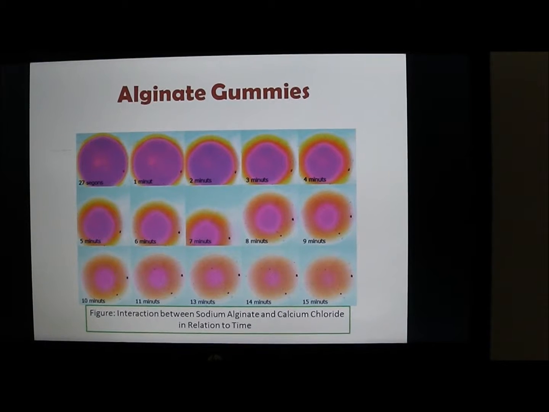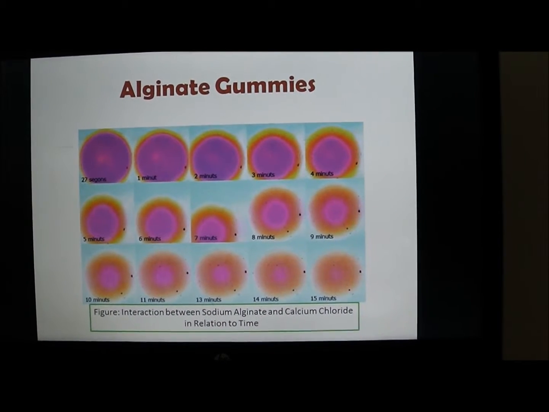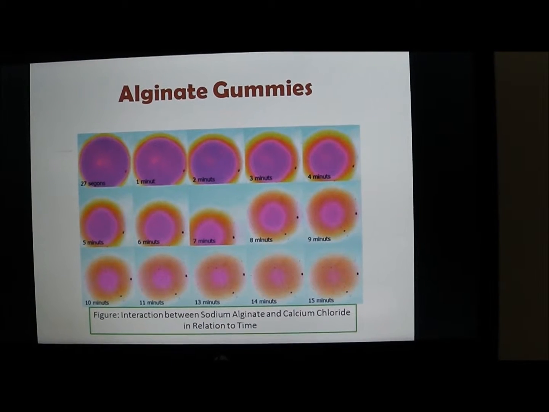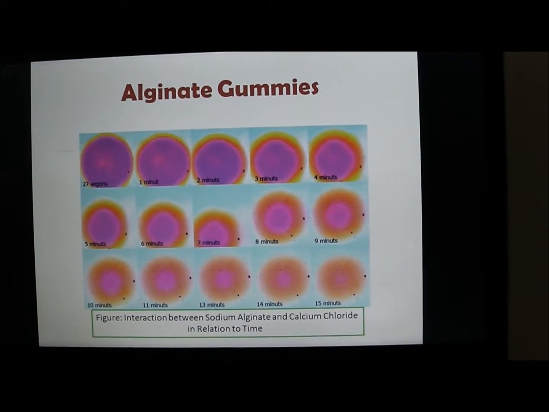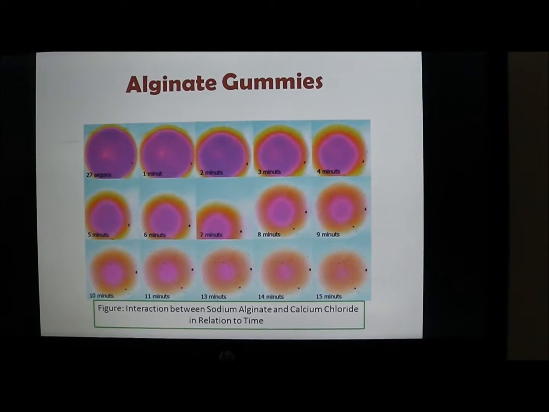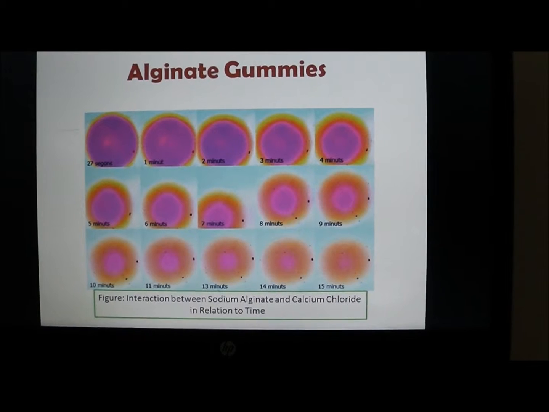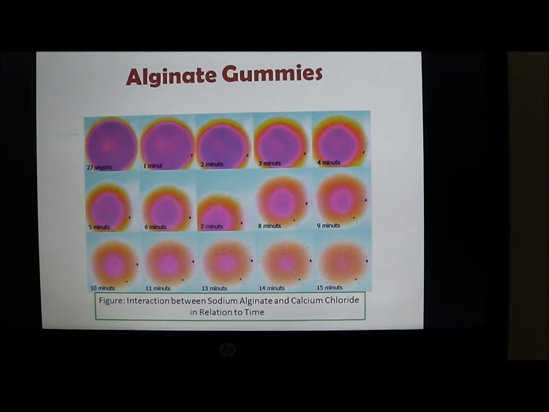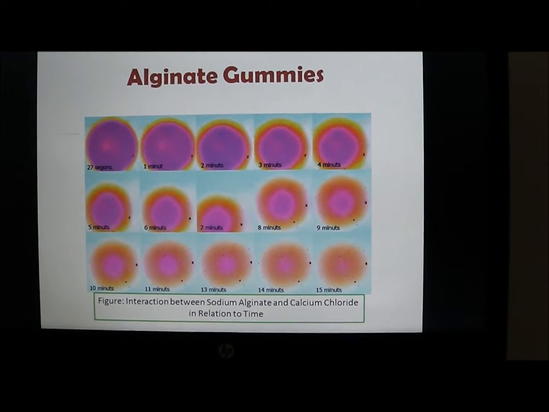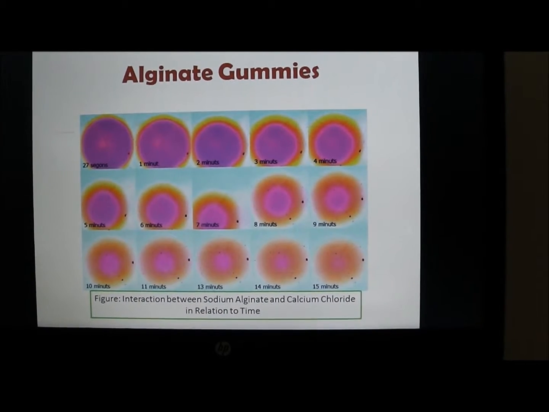This is a figure of the interaction of sodium alginate and calcium chloride in relation to time. You can see that from 27 seconds, which is the first peak on the top left hand corner, to 15 minutes on the bottom right hand corner, the yellow region becomes more prominent and the purple region diminishes.